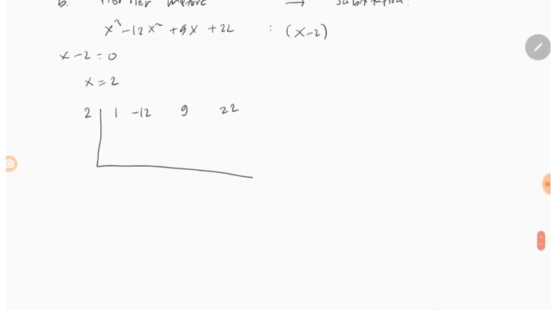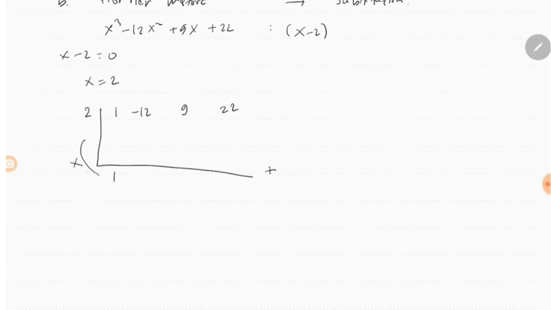Now we look at this. The coefficient of x cubed is 1, of x squared is negative 12, of x is 9, and the constant is 22. You put the 1 here, and then you multiply and add.